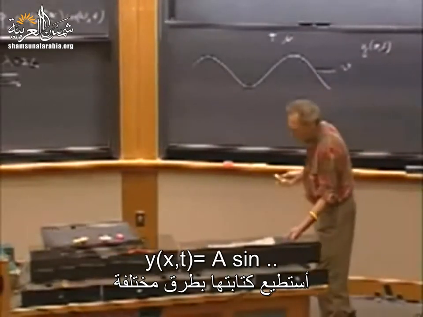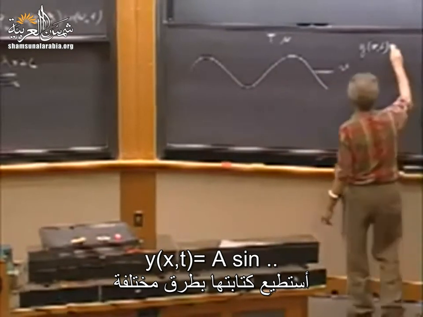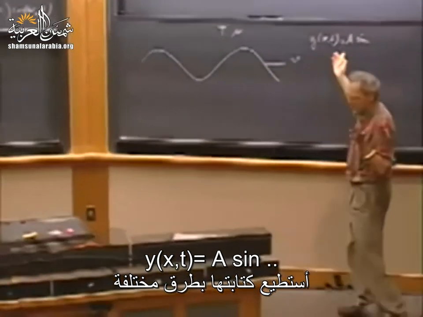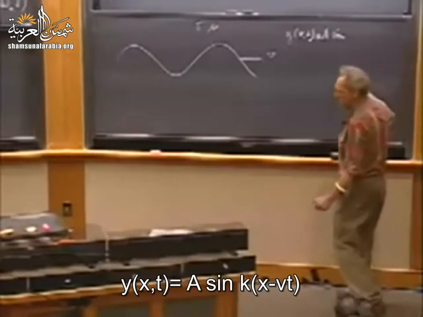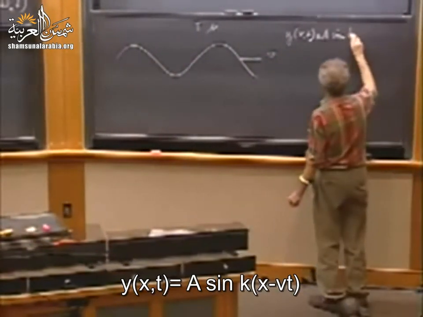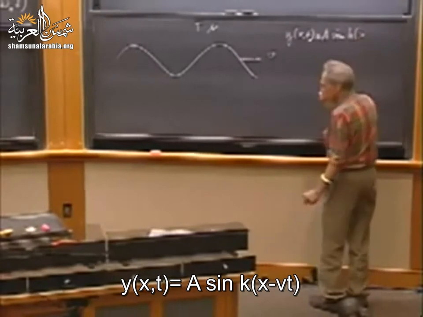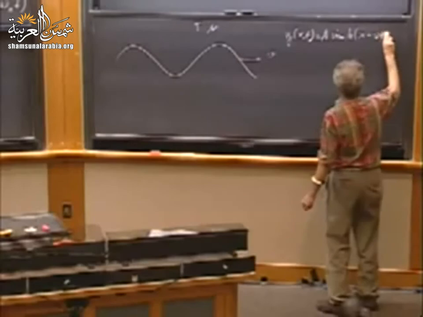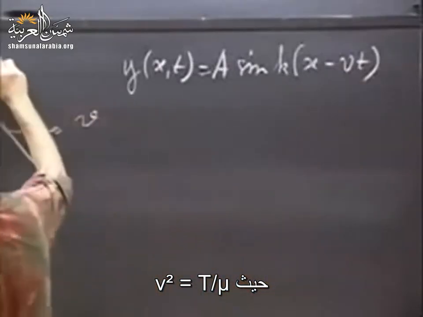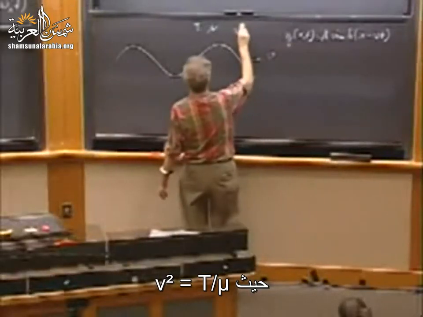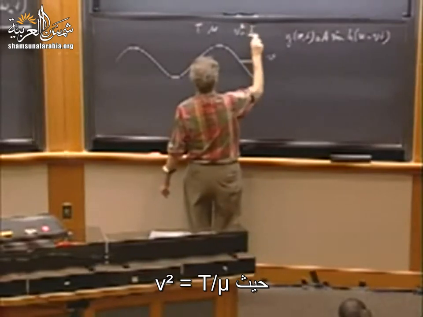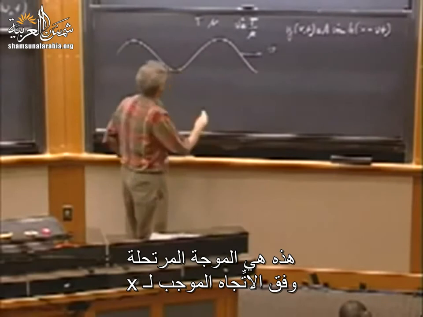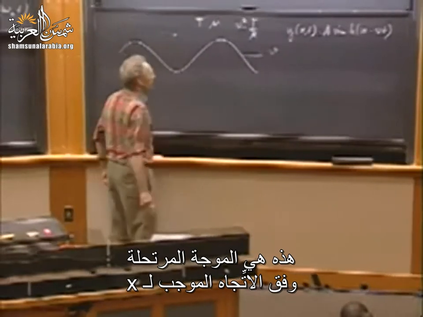I can give it a certain amplitude, A, times the sine, and I can write this in many different ways, but let's write it in this form: k times (x minus vt). And we know this v, let's call it v squared, is T divided by mu. So this is a traveling wave that goes in the plus x direction.